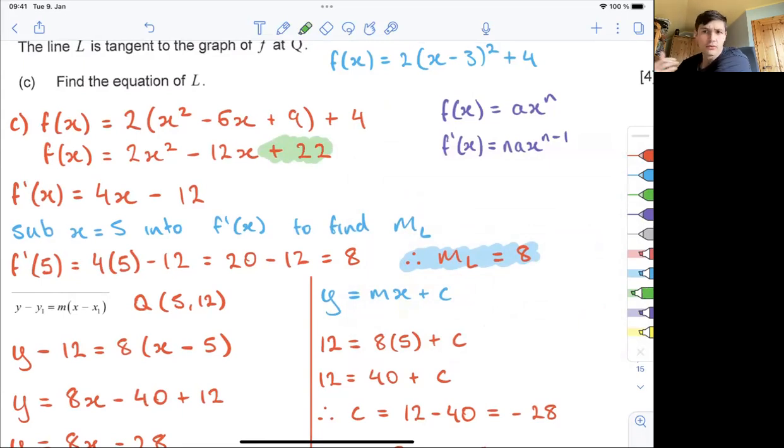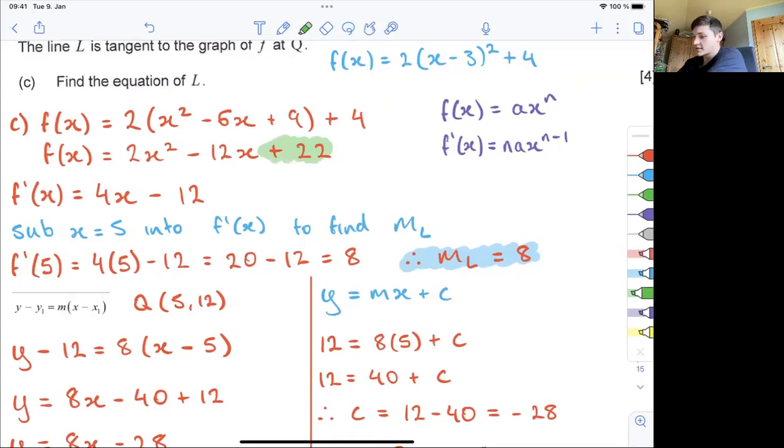That's because the constant term on the end of a function has no influence on its gradient. Only the terms that have x involved with them can influence the gradient. Constants literally just shift our function up and down the y-axis.